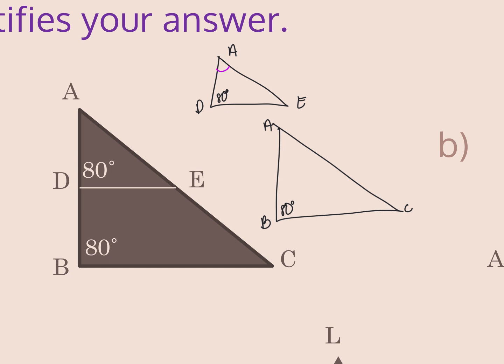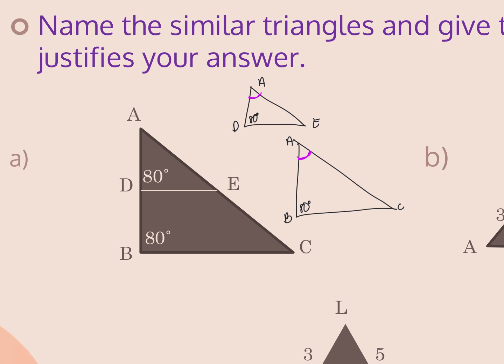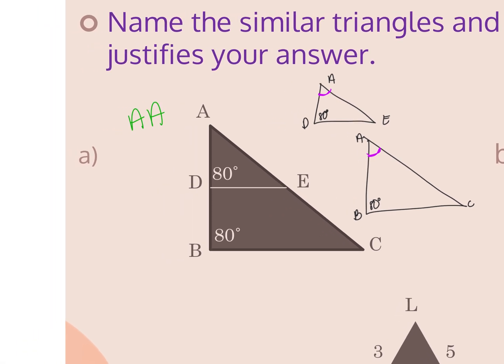Good, they're sharing angle A. So I know that these are similar using which theorem? No, it's not SAS. Angle, angle. They're only giving me 2 angles. I showed you that 2 angles are going to be the same measure. So this is angle, angle. So triangle ADE is similar to triangle ABC. And that would be my answer.